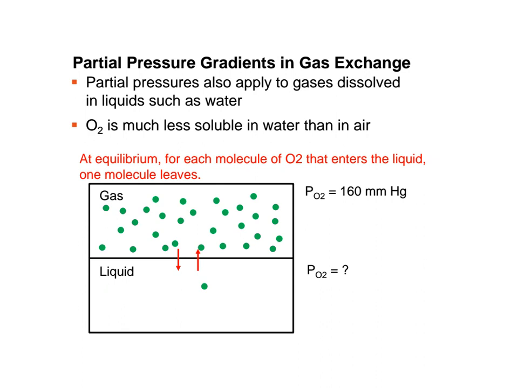And from there, it'll enter through the epithelial layer of the alveolar sac, and then into interstitial fluid, and then into pulmonary capillaries. So you basically have an interface there between gas, which is the alveolar airspace, and then liquid, starting with that liquid which lines the alveoli.